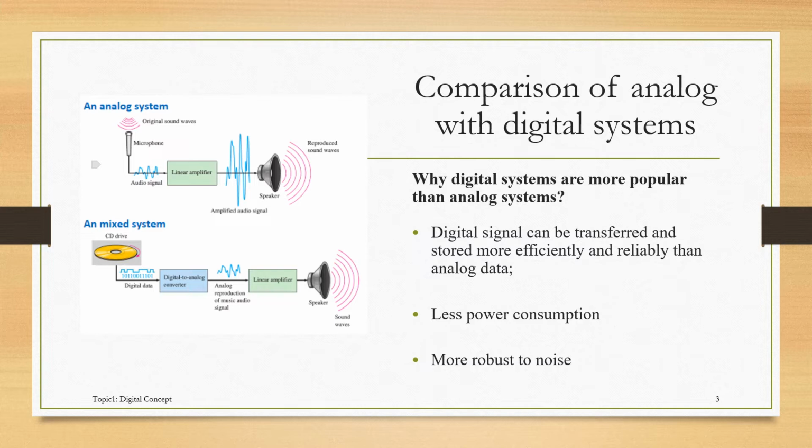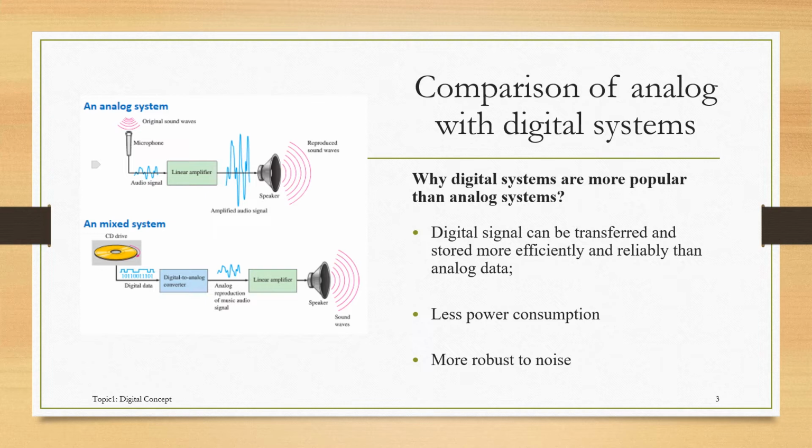The first one is a pure analog system, and this is basically an audio amplifier circuit, which can be commonly found in some inexpensive karaoke systems. So here's how it works. When the sound waves come in, the microphone will detect the vibration and convert the vibration to analog signals.